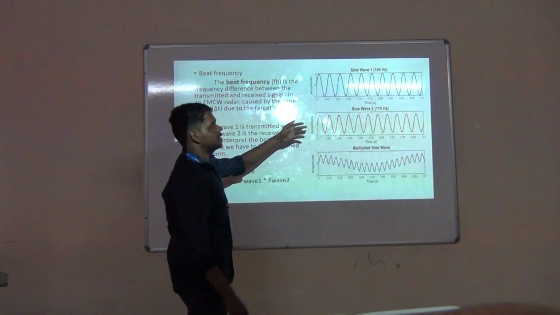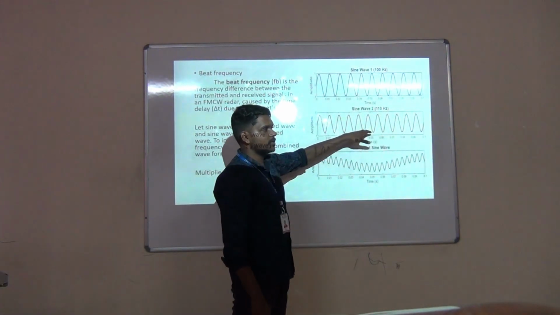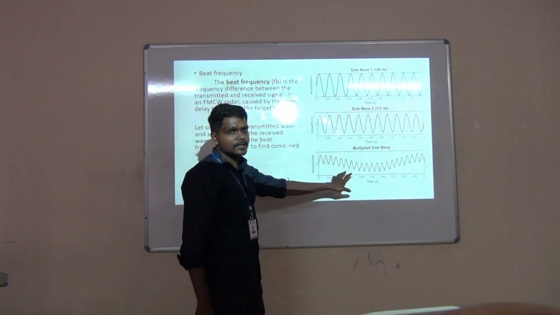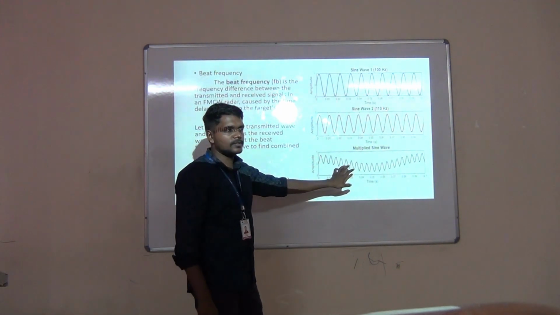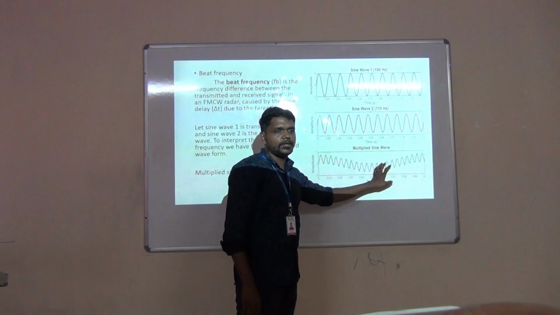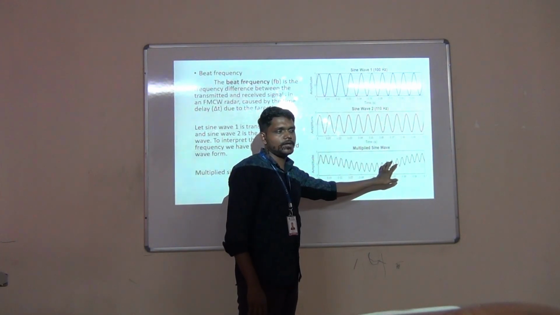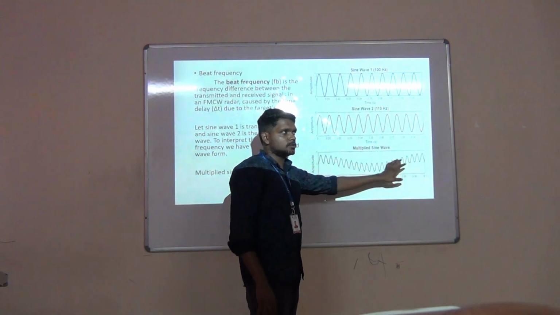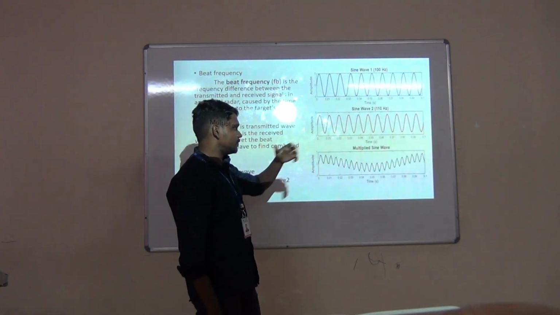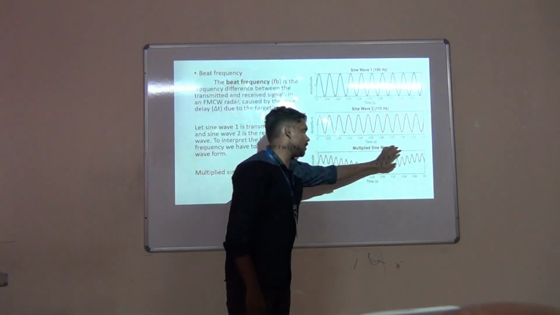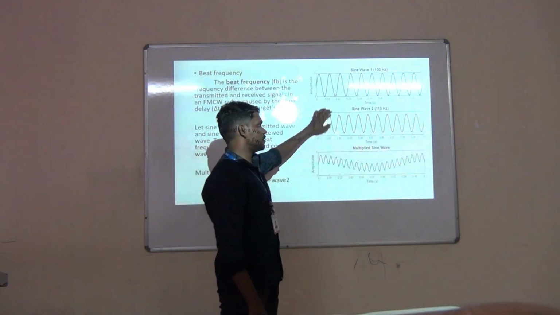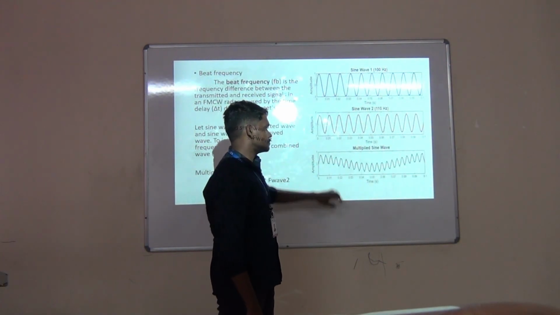If I multiply both the sine waves, then 2 sin A sin B is equal to cos of A minus B minus cos of A plus B. Using that formula, we arrive at a new waveform. This is a multiplied sine waveform, the product of sine 1 and sine 2.